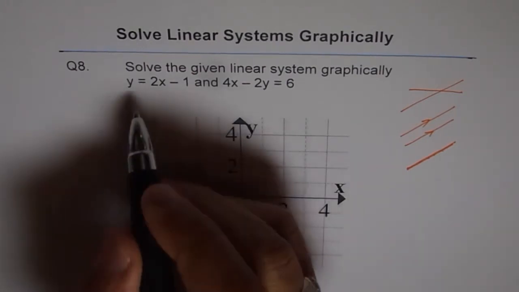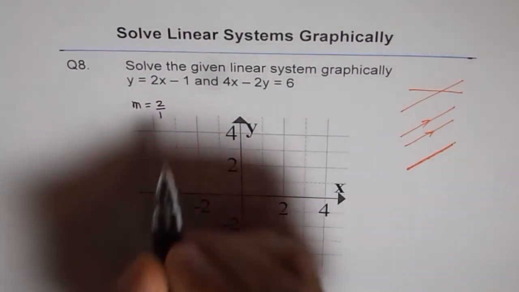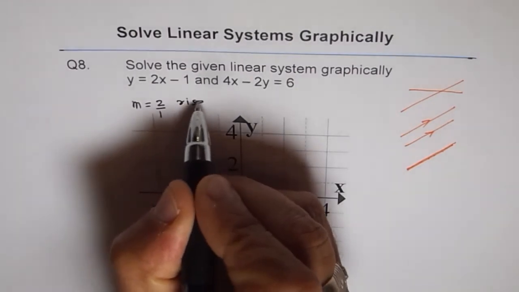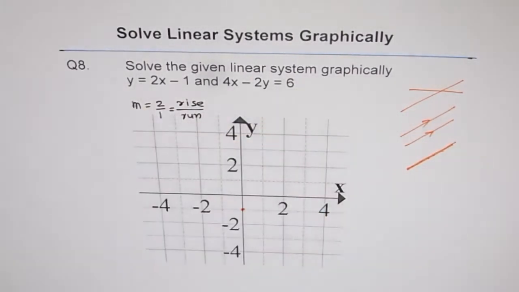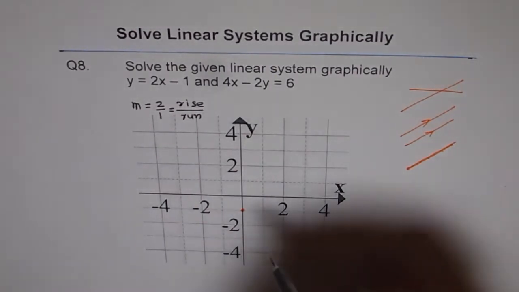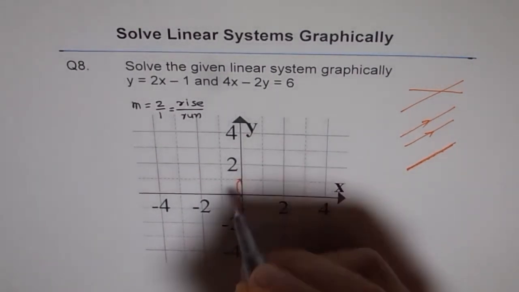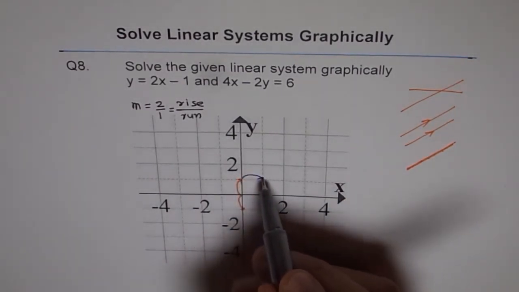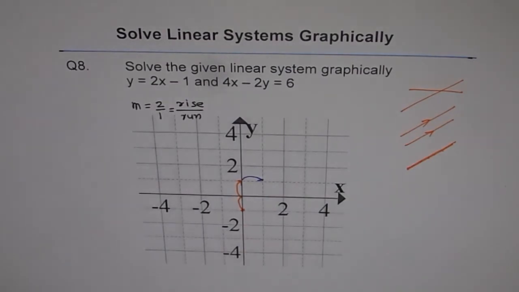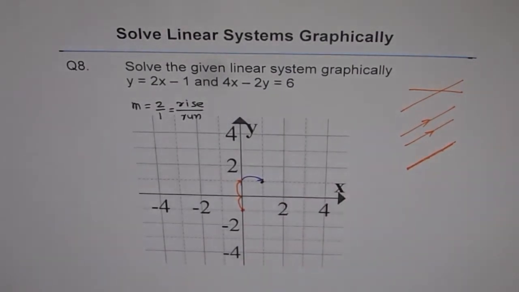Slope m is 2, like 2 over 1, that is rise over run, right? The ratio is 2 to 1. So we'll go 2 up and 1 right, and we get another point, and let this point be here. So we got one point.